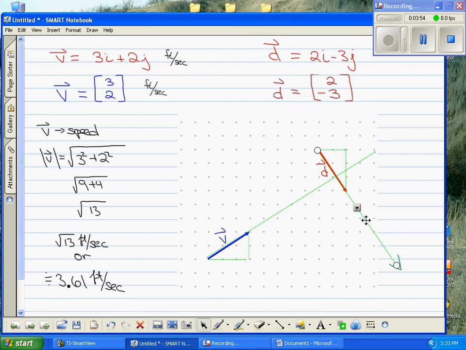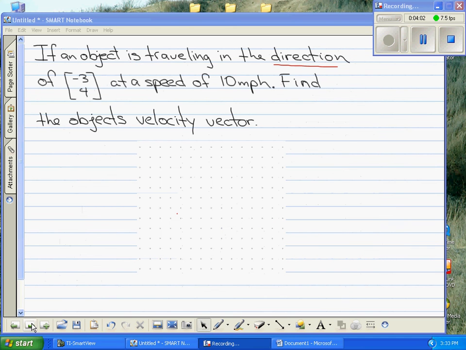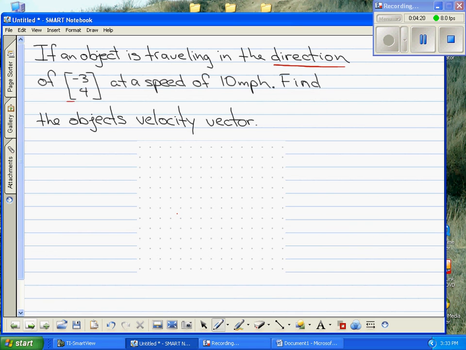Okay, let's try to make a little bit more sense of this. Here we have a problem. If an object is traveling in the direction of -3,4 at a speed of 10 miles per hour, find the object's velocity vector. Now, first of all, it says the direction of my object is -3,4. That means that my object is traveling 3 towards the left, and then 4 units up. So that means that my object is traveling in this direction.